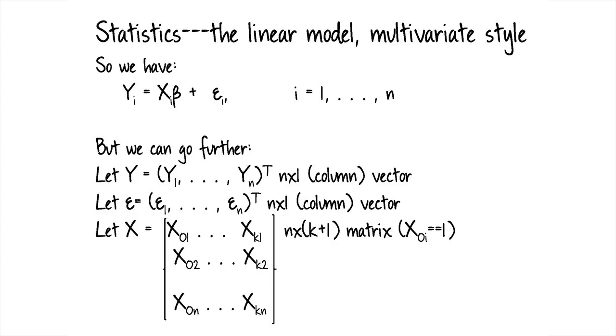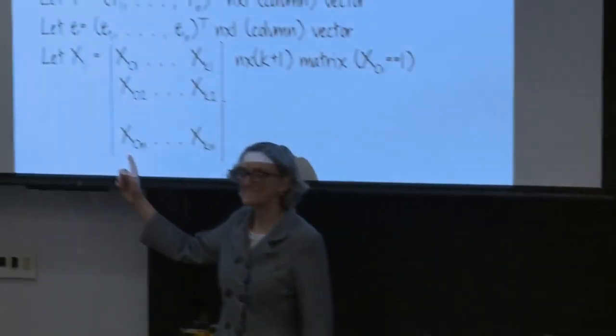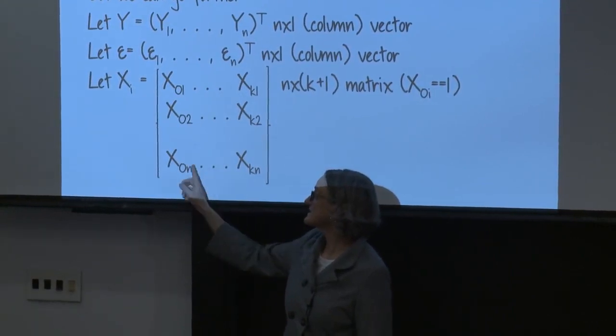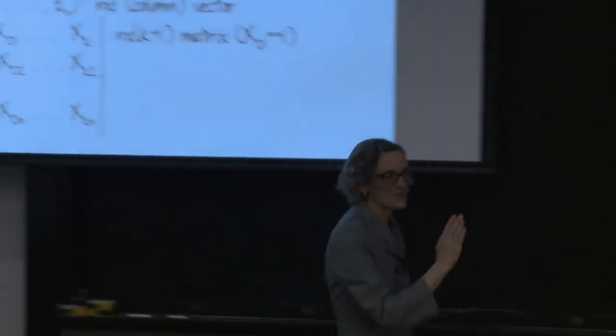And then let's take each one of these row vectors that I defined on the previous slide. Remember, for each observation, we had a row vector that was the measures of all of the x's. Let's stack those up and put those into an n by (k+1) matrix. Okay? So remember, this first column is identically equal to 1. And the second column on are all measures of our explanatory variables x1 through xk.